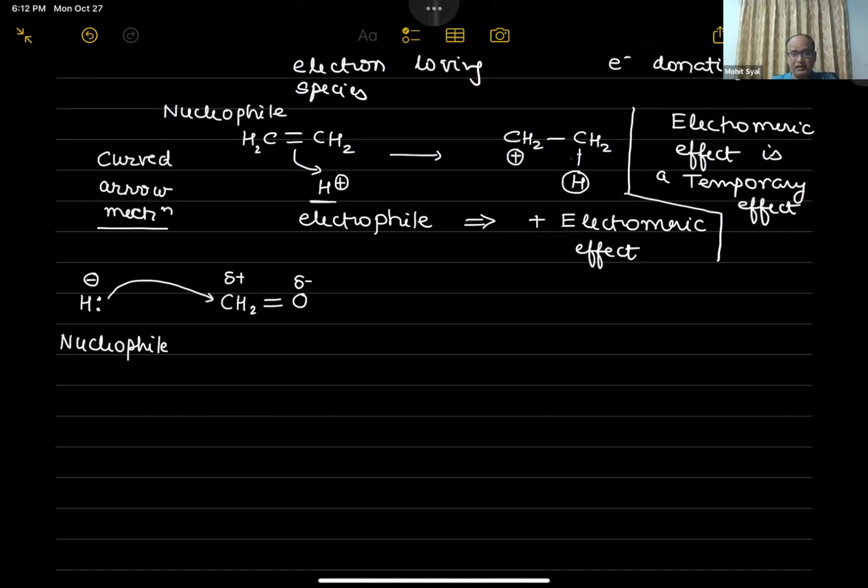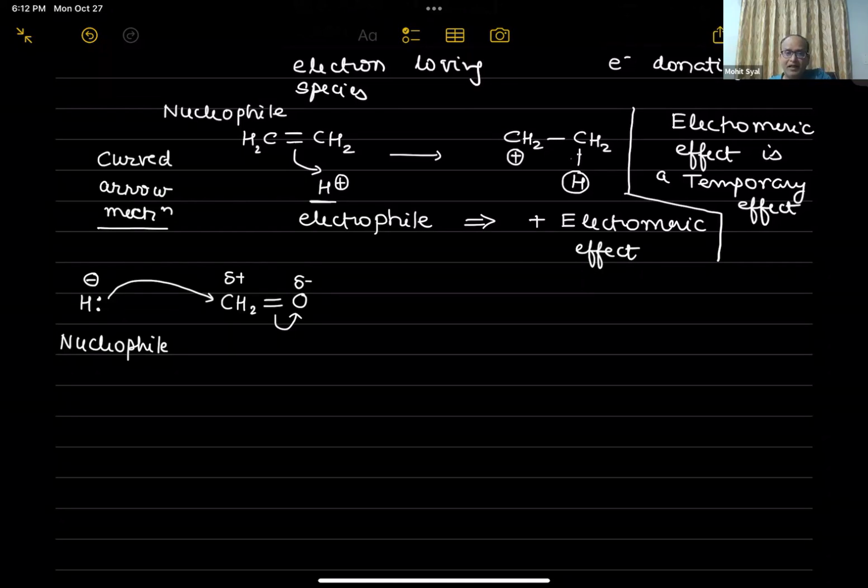Five. But five cannot be there, because carbon is in the second period and has 2s and three 2p orbitals, so only 8 electrons and only 4 bonds are allowed. Carbon is tetravalent. So what to do? We need to make some space for the incoming group, so we break one bond. The pi bond is going to get shifted, and that is in favor of oxygen. Oxygen wants to have this electron pair completely on itself.